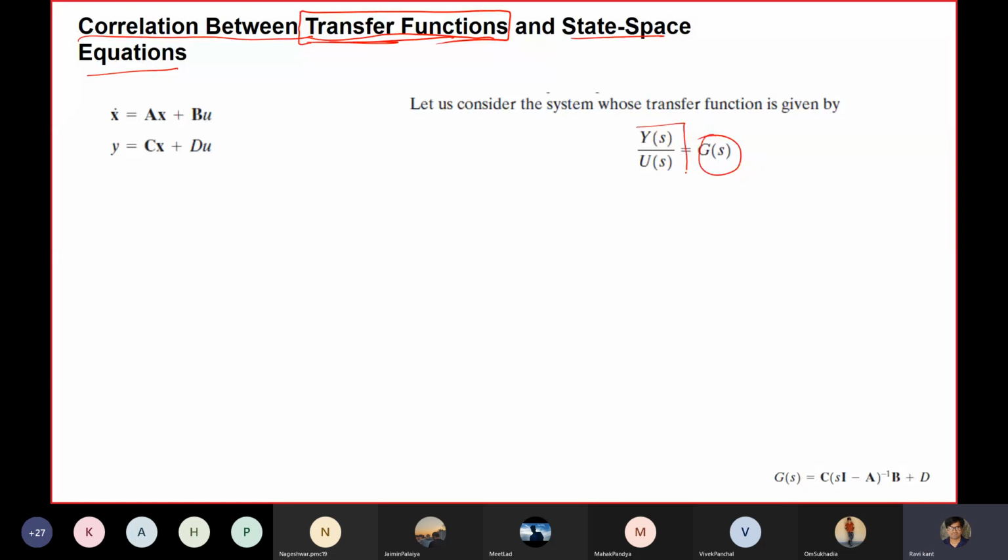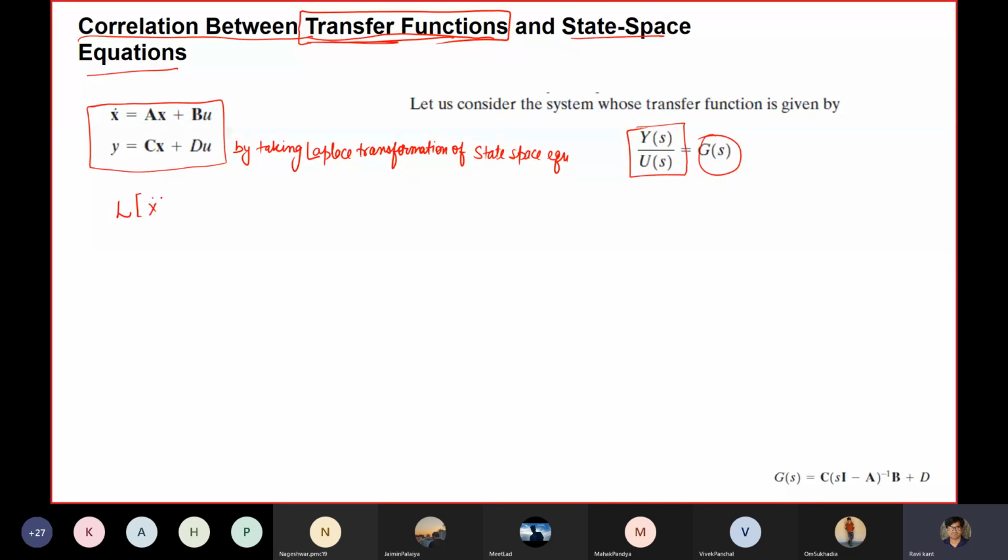We can actually correlate by taking the Laplace transformation of the state space equation. Okay, so we will take the Laplace transform of x dot. We apply a Laplace transform on both sides.